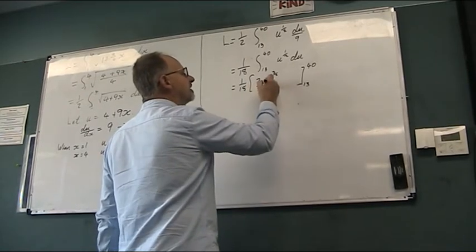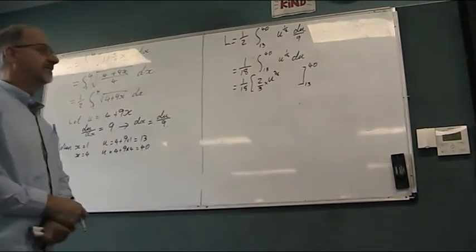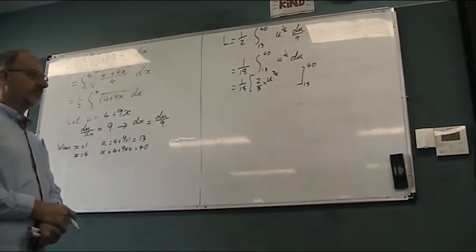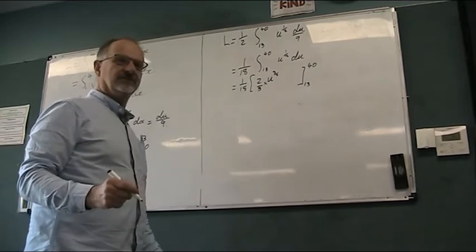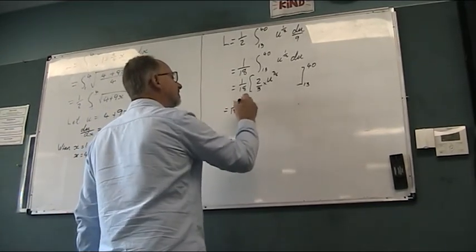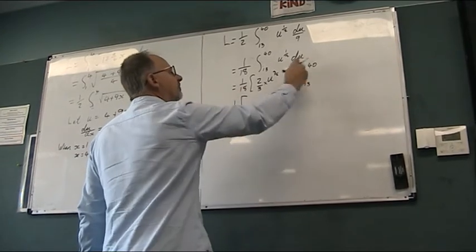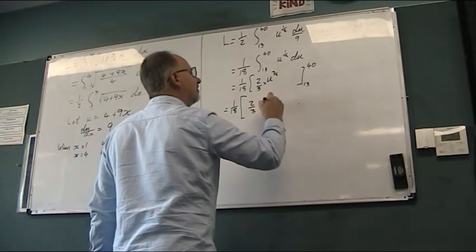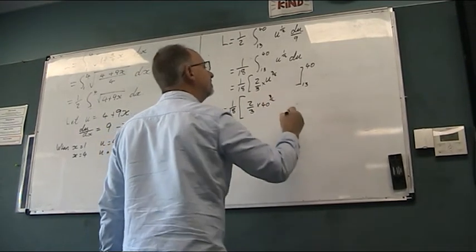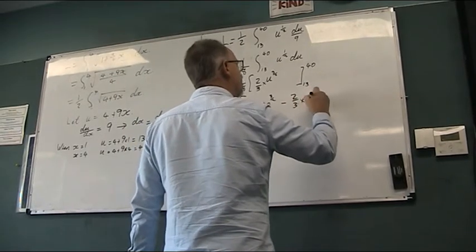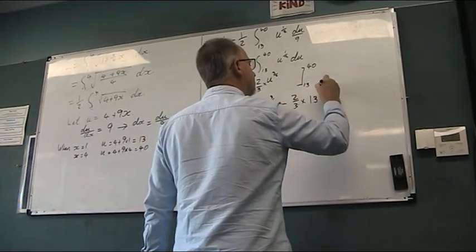So 2/3 times, if you like. Alright, what do we do now? Stick in the numbers. Alright, put 40 in: 2/3 of 40 to the 3 over 2 minus 2/3 times 13 to the 3 over 2.